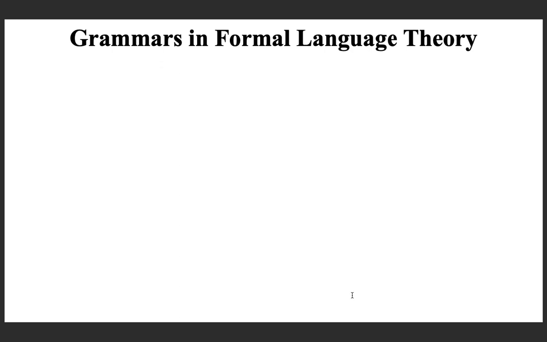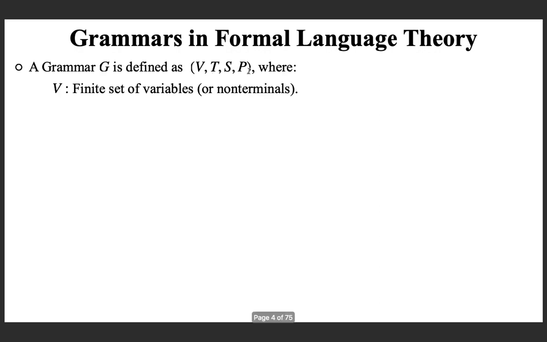Let us recall what we learned about grammars in formal language theory. A grammar G is defined as a quadruple V, T, S, P, where V is the finite set of variables or non-terminals, in our examples represented as capital letters, and capital T is the finite set of terminal symbols.